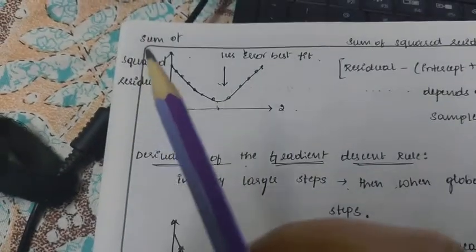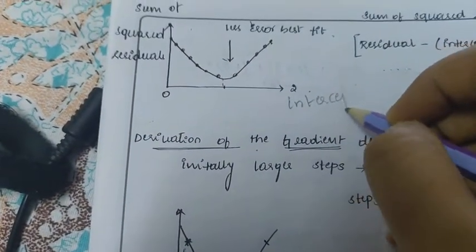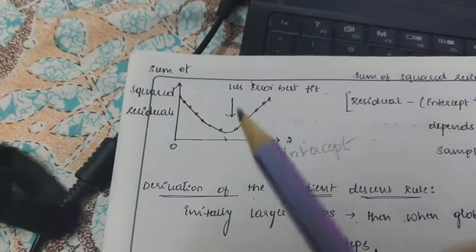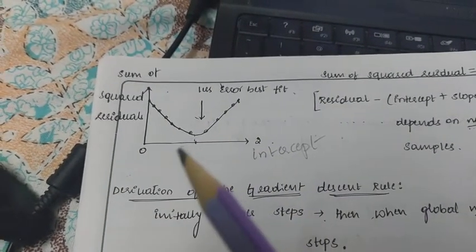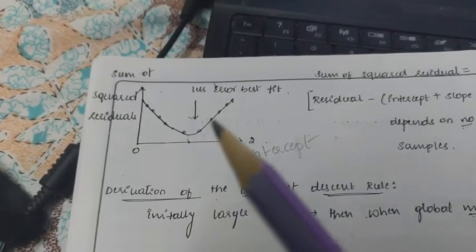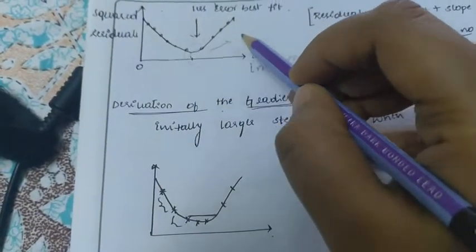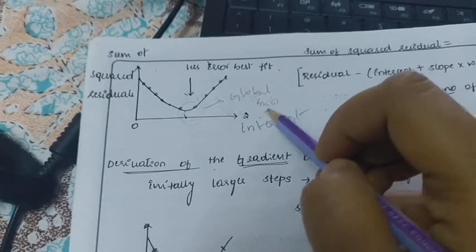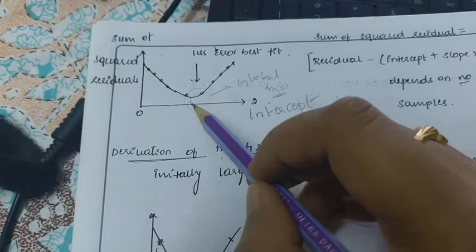This is a plot of sum of squares versus intercept. In this diagram, the x-axis indicates the intercept and the y-axis indicates the sum of squares. As the intercept keeps on increasing, I get the sum of squares at a decreasing point. This point is called the global minimum point, where I have the least error.